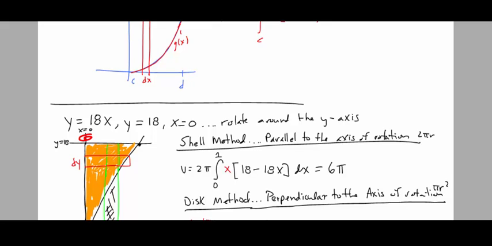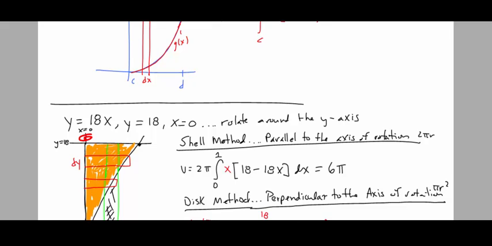These will go from 0, these horizontal rectangles here, to 18. And then I need my outer curve, which was y over 18 quantity squared, my outer radius minus my inner radius. And because I'm touching the axis of rotation, that inner radius is 0, and this is incremental width is dy. So you need to be able to flip back and forth between these two methods.